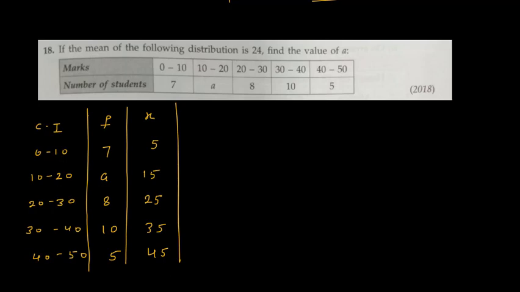If we use the direct method, so this is f into x: 7 into 5 is 35, 15 into A, so this is 15A. Now A is with it, so while adding just make a note. 25 into 8 is 200, then 35 into 10 is 350, 45 into 5 is 225.